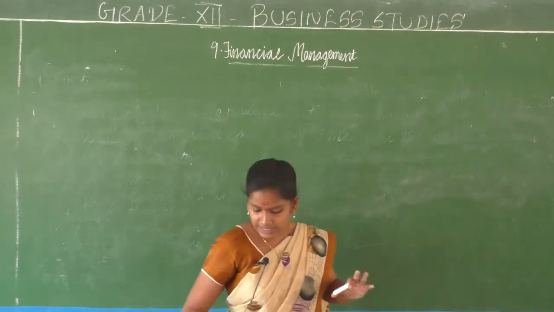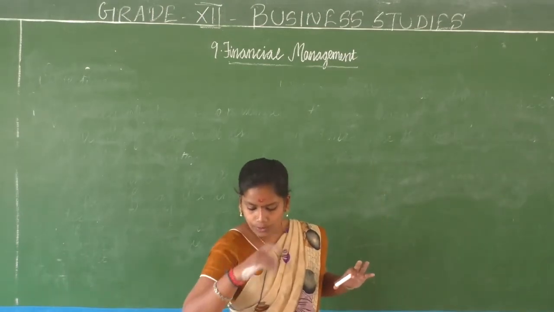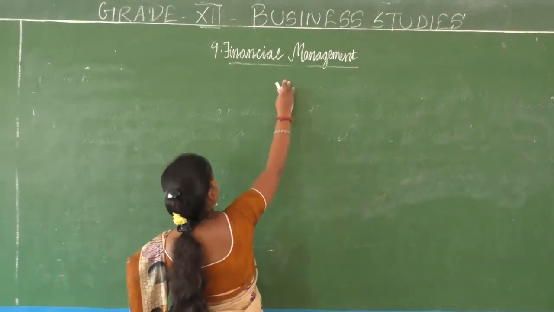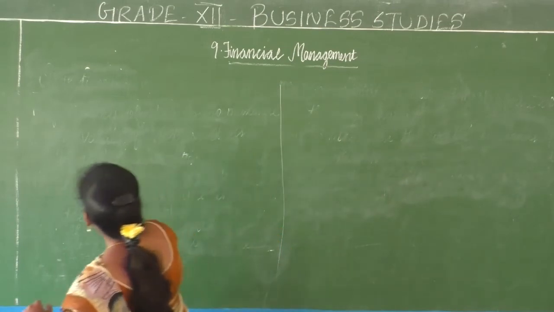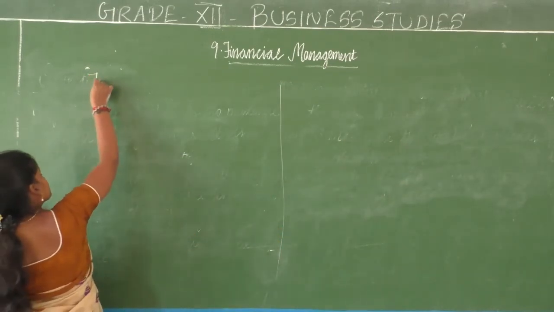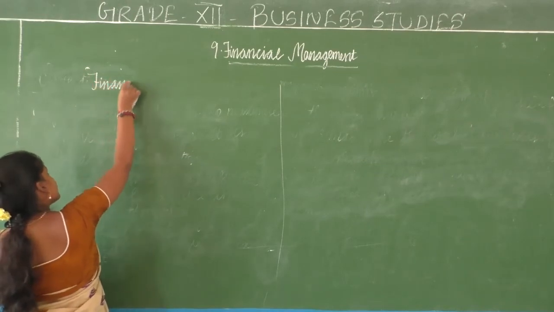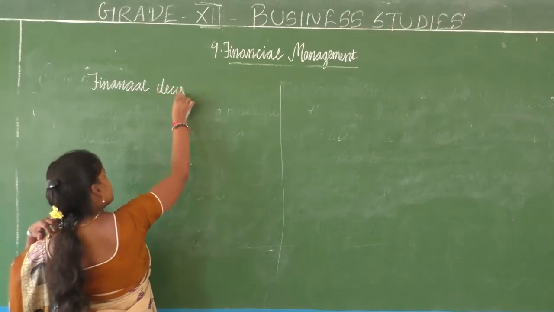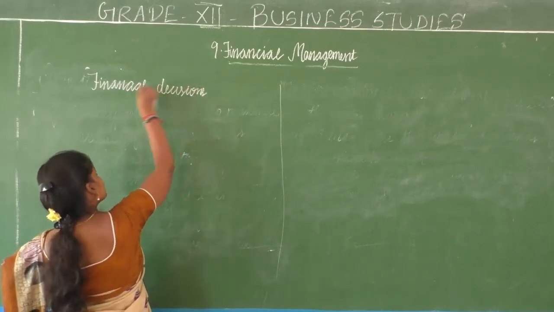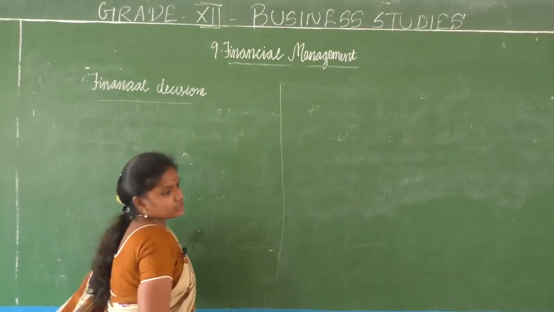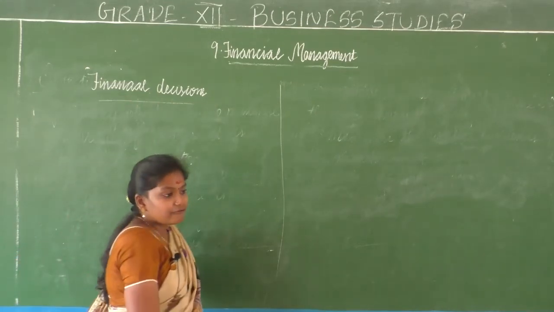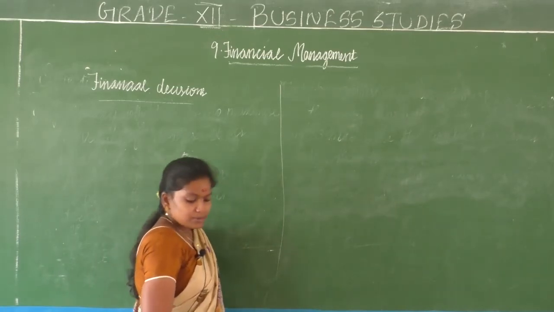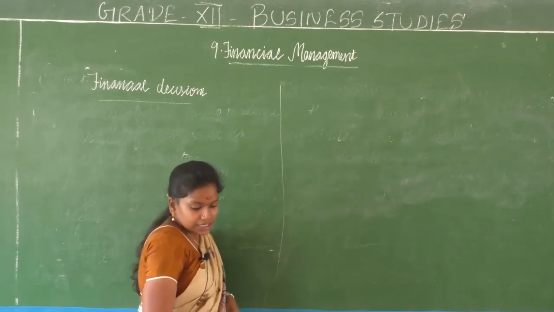So we are going to discuss about those financial decisions, who is concerned with taking these financial decisions. The financial management is concerned with taking these three major decisions. So financial officer, the CFO, the chief financial officer of any organization, is responsible to take these three decisions.